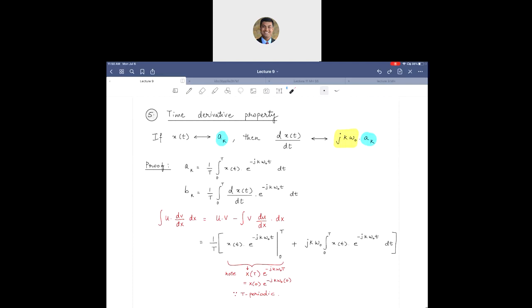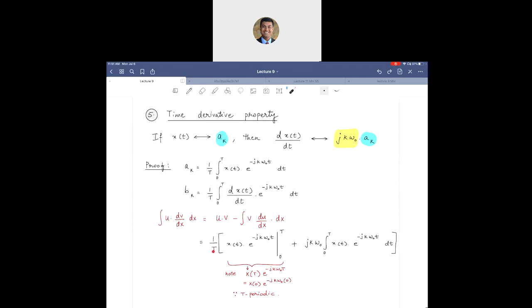Next, I'm going to use the product rule of integration. Integral u dv over dx is uv minus integration v du over dx multiplied by dx. It's in a convenient form, so I can apply that straight away. What do I get?